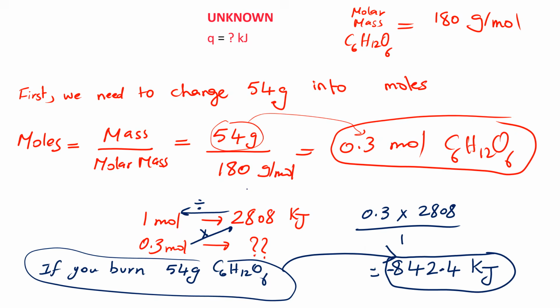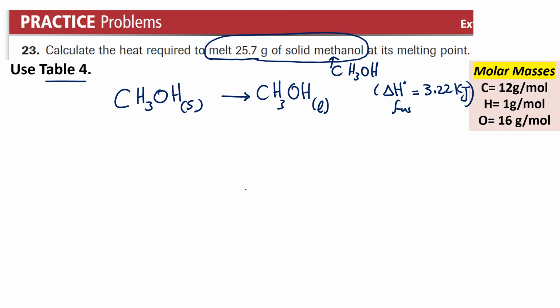Okay, let's go back here. Right. Okay. So why do we say kilojoule per mole? Because I have 1 mole here. So it's not 2 moles or anything. Okay. Now it's the same thing. So what we know, so the known, we know the mass of methanol, which is 25.7 grams.